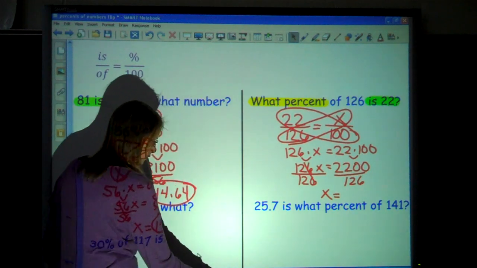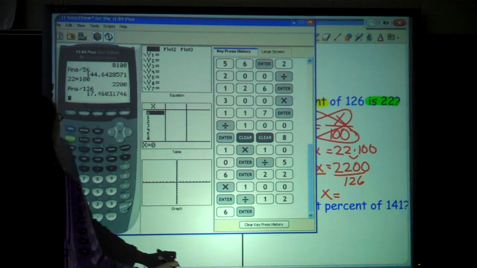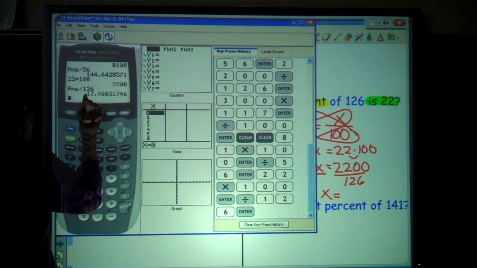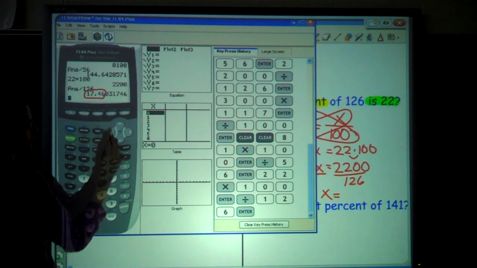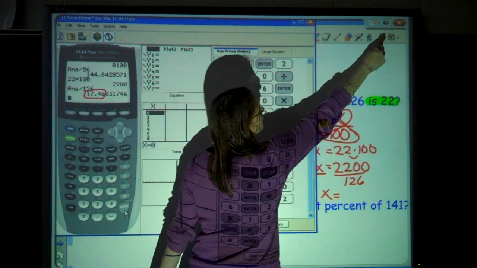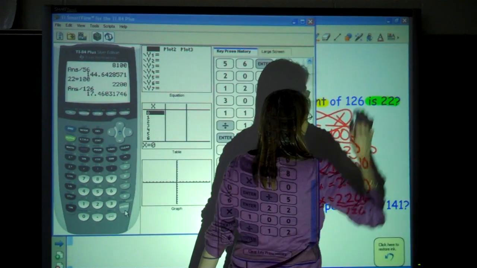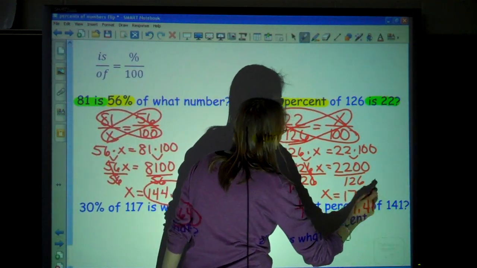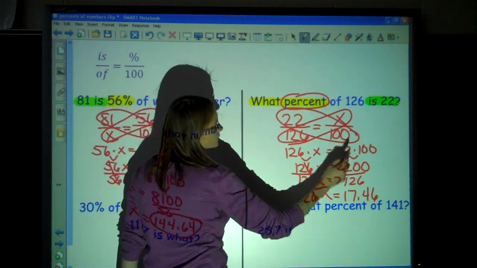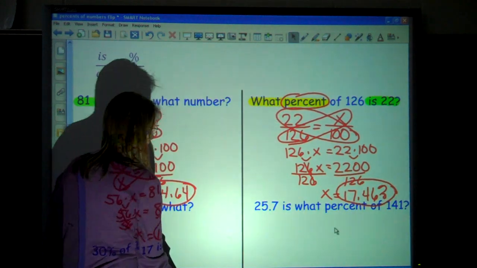And 2,200 divided by 126 gives me another long decimal. So I want to go 2 places after the decimal, which would give me a .46. That third one, 4 or less, that's a 0, so I'm going to let it rest. So I get 17.46. And remember, this was the percent. So I need to put a percent symbol with this number because I was trying to find the percent.